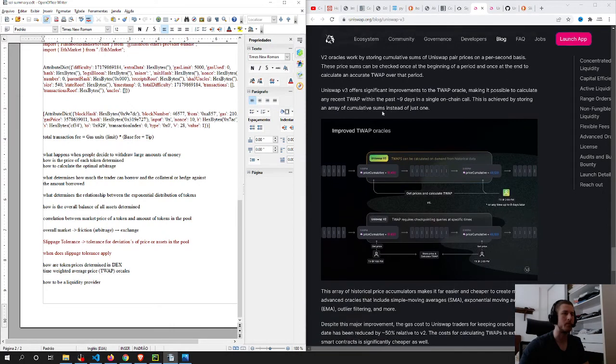TWAP over that period. Uniswap v3 offers significant improvements to the TWAP oracle, making it possible to calculate any recent TWAP within the past 9 days in a single on-chain call. This is achieved by storing an array of cumulative sums instead of just one.